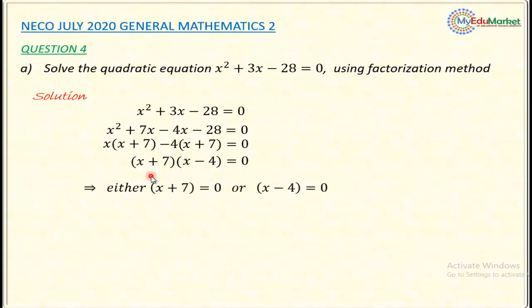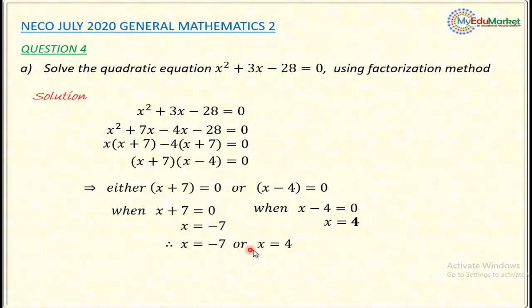So it implies either the first bracket, x plus 7, equals 0, or the second bracket, x minus 4, equals 0. Taking x plus 7 equals 0, take 7 to the right hand side and x will be minus 7. For x minus 4 equals 0, take minus 4 to the right hand side and x will be positive 4. Therefore the solution is x equals minus 7 or x equals 4.